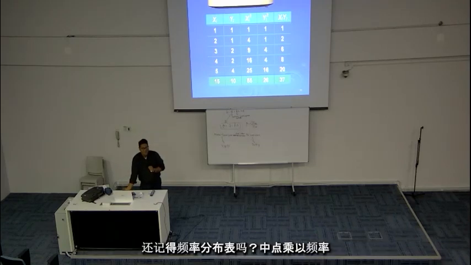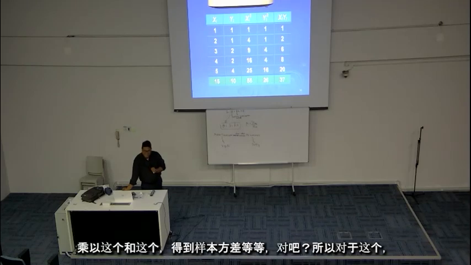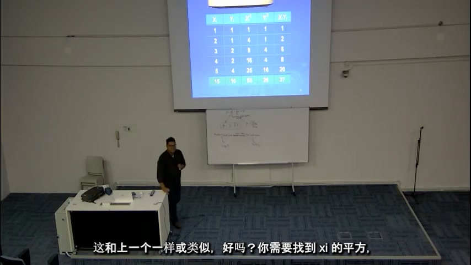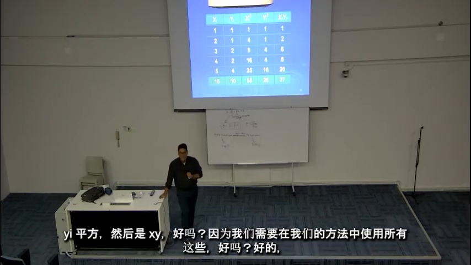You still remember the frequency distribution table, where midpoint is multiplied by the frequency to find the sample variance and so on? This is similar to the previous one, whereby you need to find xi square, yi square, and xy, because we need to use all of these in our method.